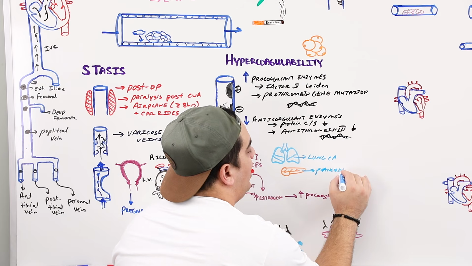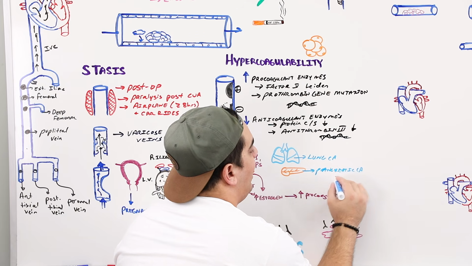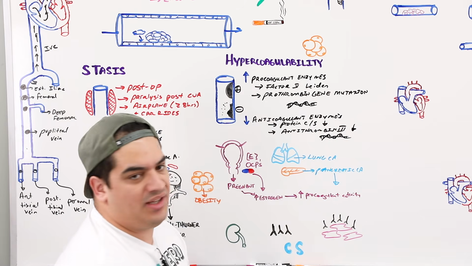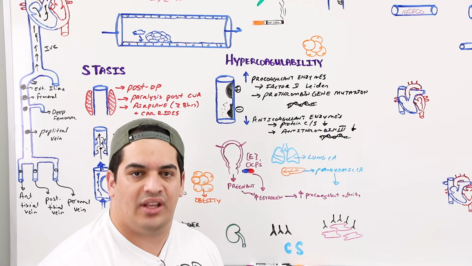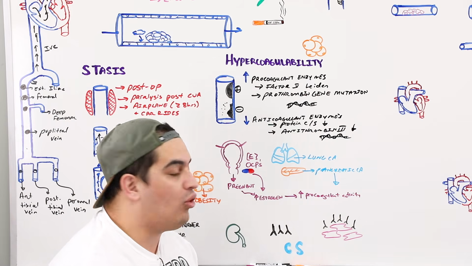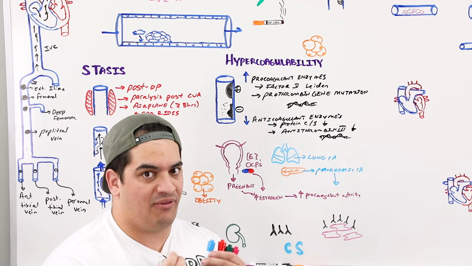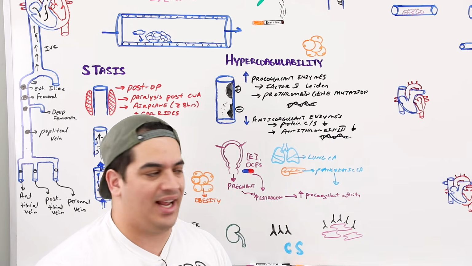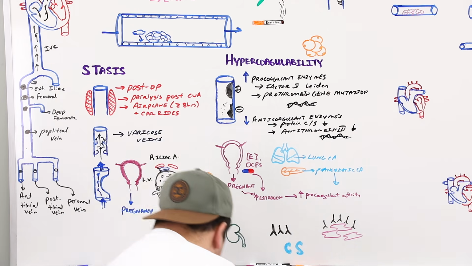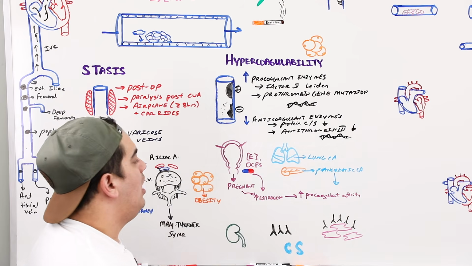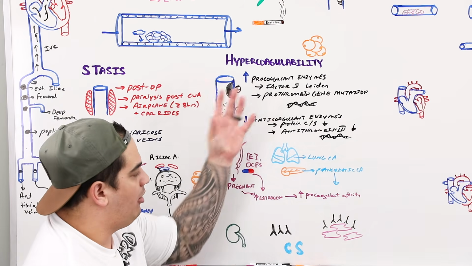These are definitely associated with a high incidence of hypercoagulable activity. They think it may induce an increase in procoagulant activity, maybe through certain factors released from these cancers. So now we have an idea about certain acquired cases of hypercoagulability.